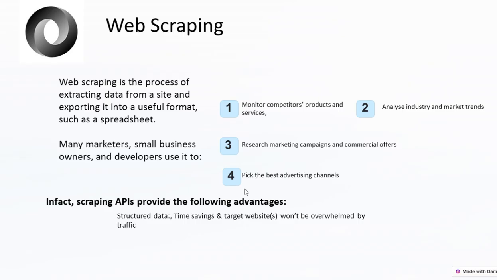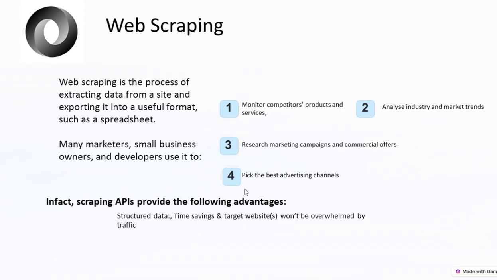With web scraping, you use scraping APIs, which provide a lot of advantages. You will have the data in a structured format, therefore it saves your time, and it avoids overwhelming the web pages with traffic. Website crashes would be easily avoided.